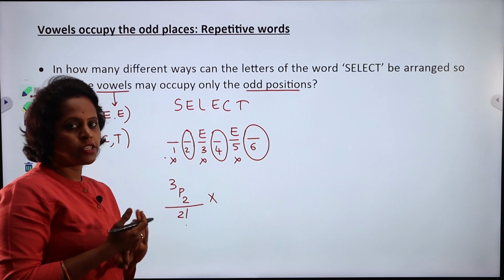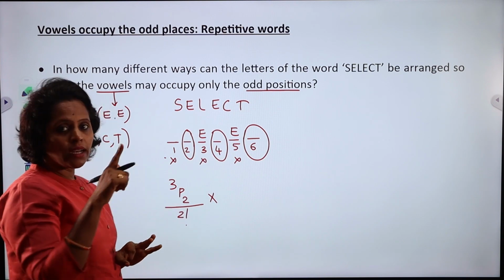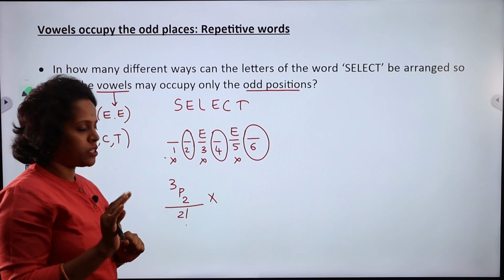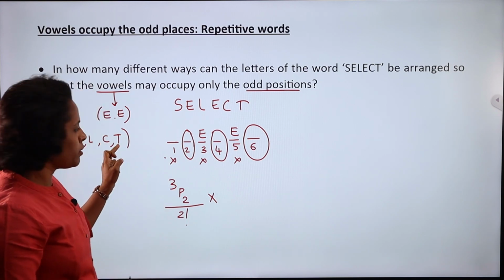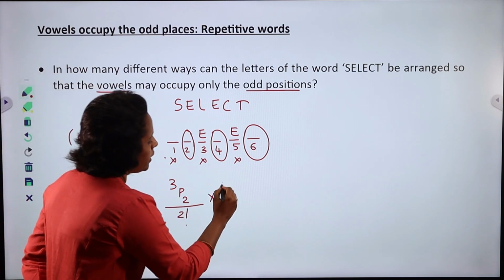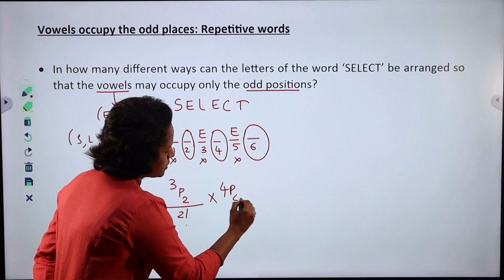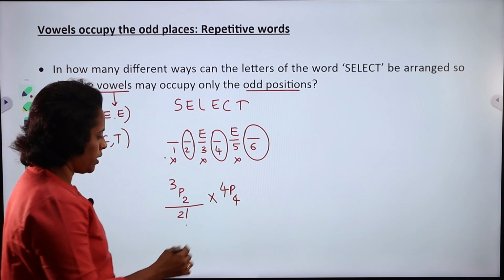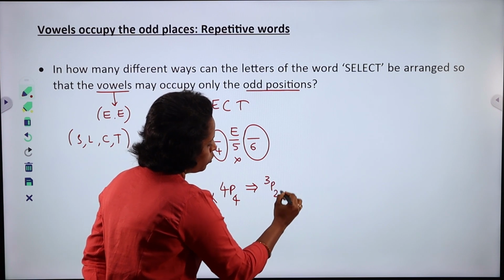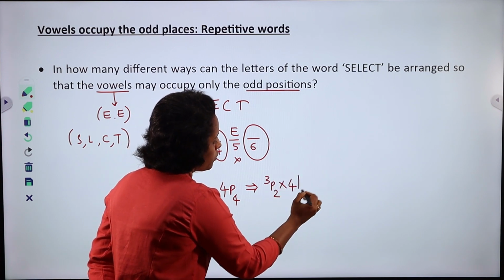So in total 4 empty positions we have. So 4 empty places can be filled with 4 letters in 4p4 ways or 4 factorial ways. Now the answer will be 3p2 into 4 factorial.